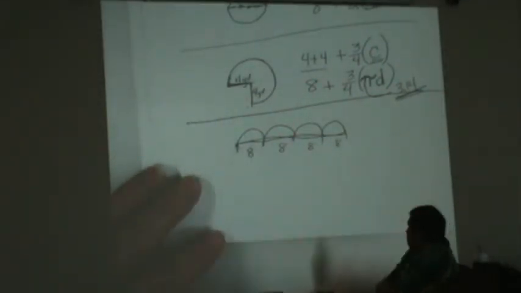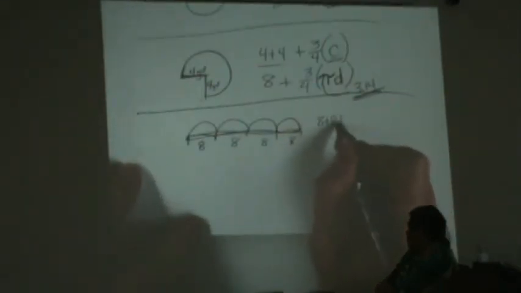The next one has 4 half circles, and I'm kind of messy. There's actually a straight line down there. I probably should have drawn the line first. Okay, each one of these are 8. So we know we're going to need 8, 8, 8, 8, right? 8 plus 8, 4 times.